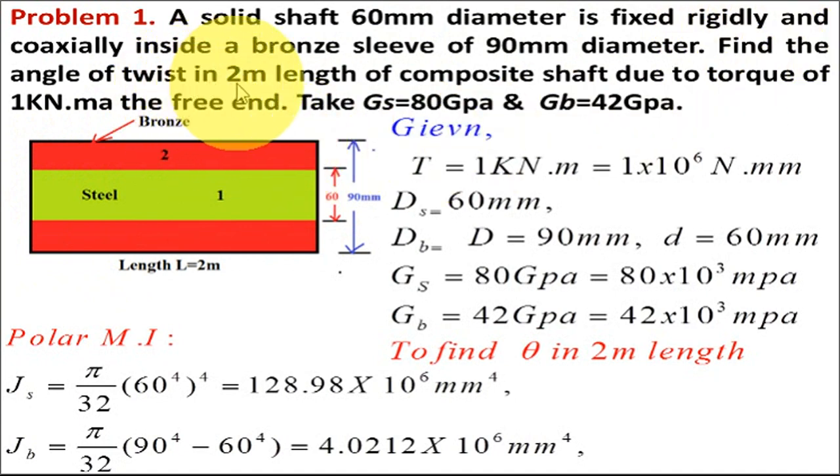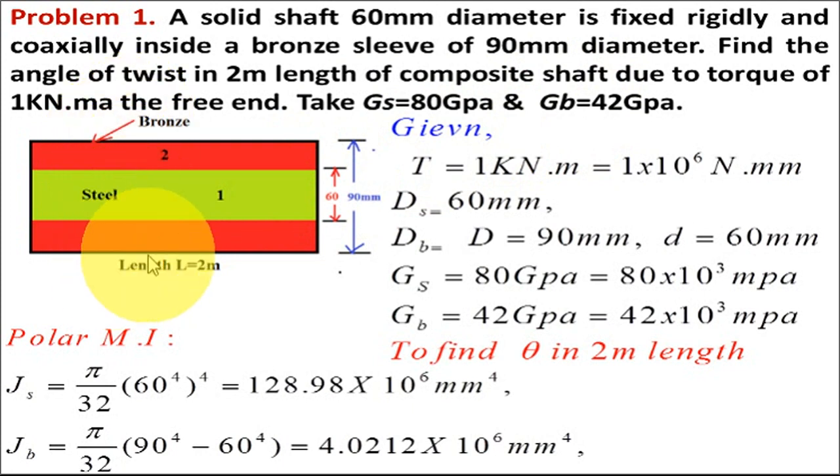Find the angle of twist in the 2-meter length of composite shaft due to a torque of 1 kilonewton meter at the free end. Take GS, the modulus of rigidity for steel, and the modulus of rigidity for bronze. So here two materials are mentioned.